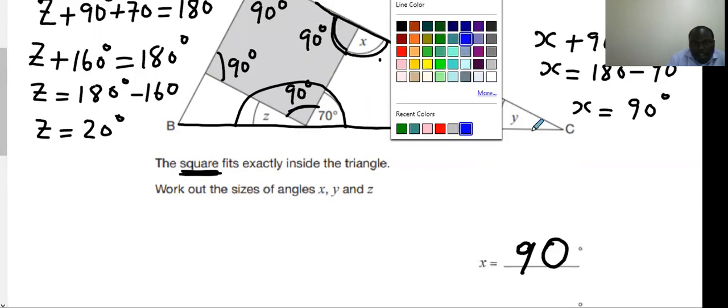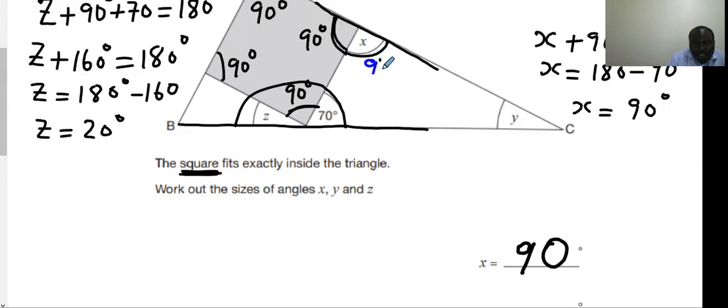I love blue. So this is x, 90 degrees. Now, can you notice that that is a triangle? Let me show you. Angles in a triangle. Can you see that? It is making up a triangle.